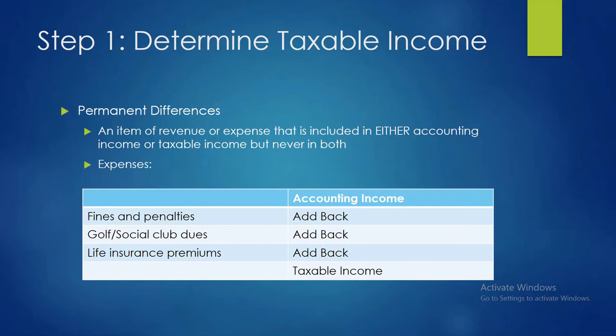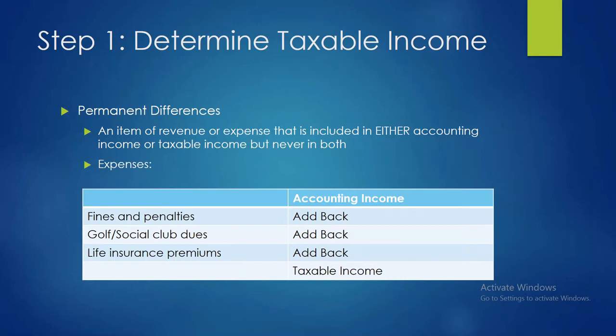If you get fined because you paid your taxes late, that is something you are allowed to deduct for accounting income, under your expenses, to decrease your accounting income, but you're not allowed to deduct it to decrease your taxable income. This is because if you had deducted this, you would get a lower taxable income and pay less tax, which the Income Tax Act says is not fair to do.